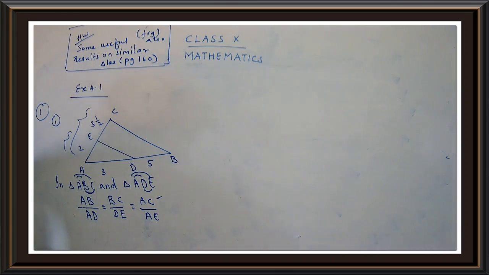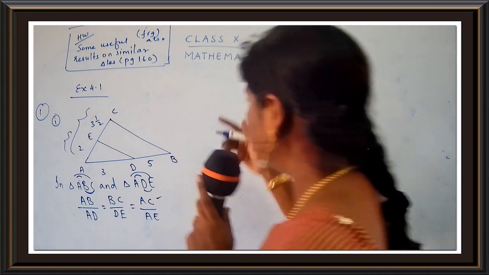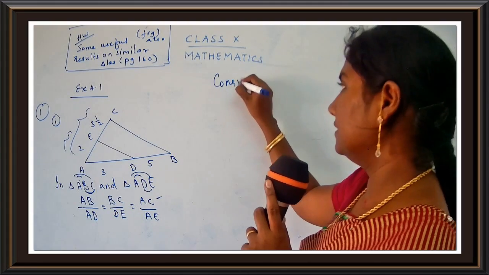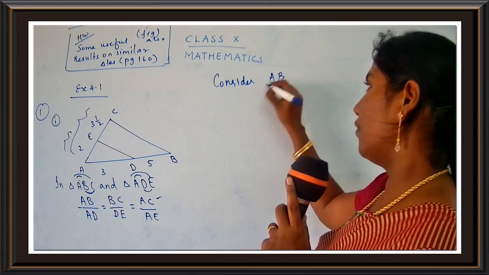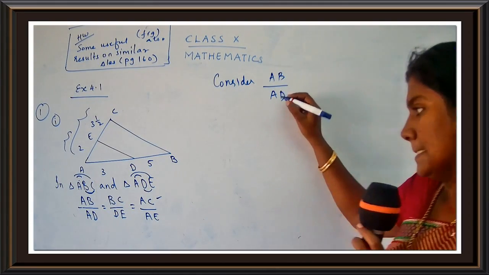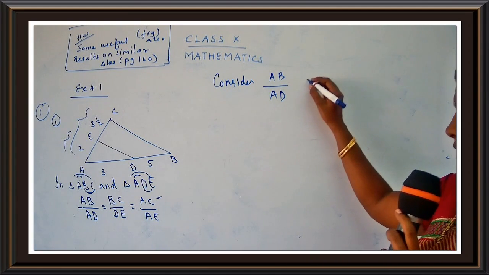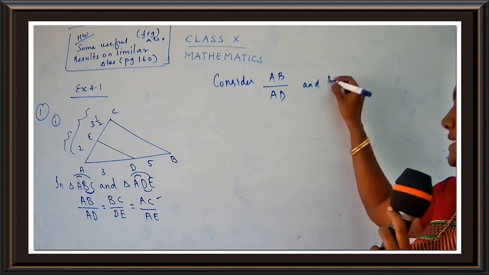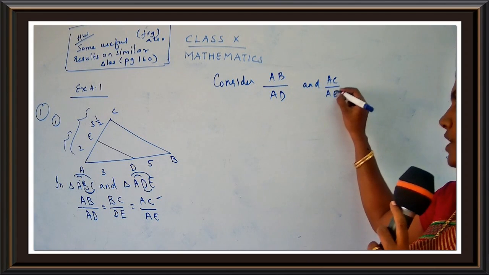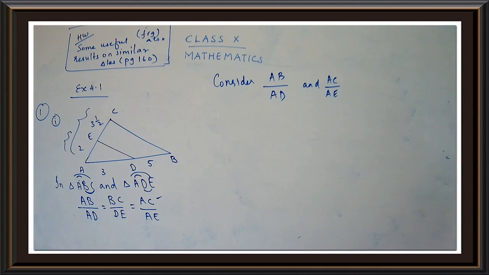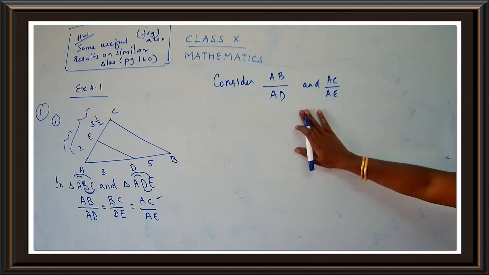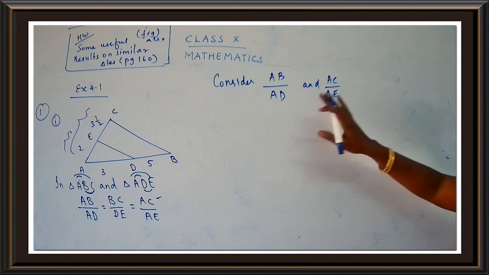Okay, children? So just write down here, consider AB upon AD and AC upon AE. If we show that they are equal, that means we can say that the triangles are similar.